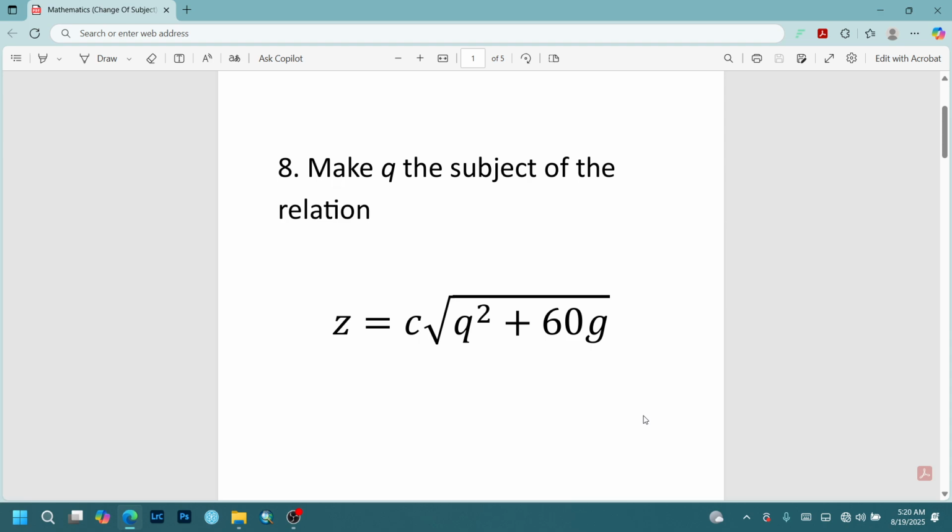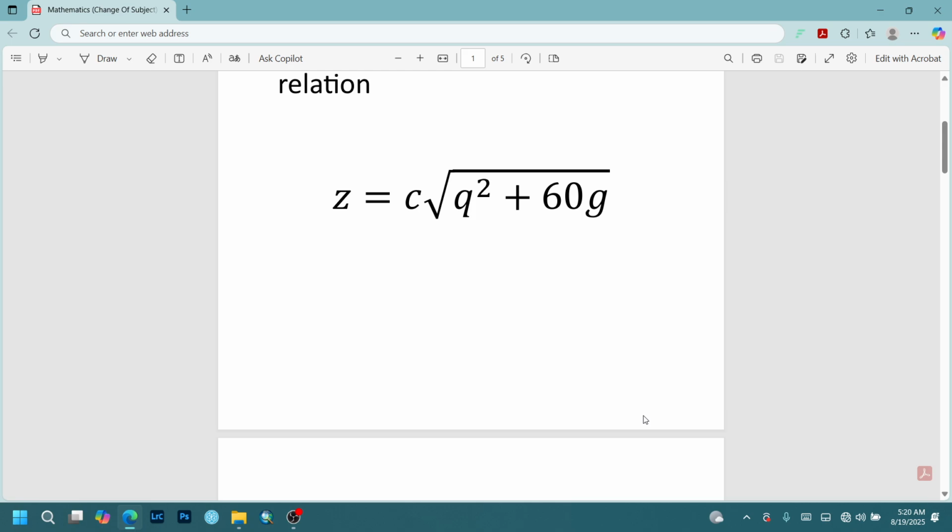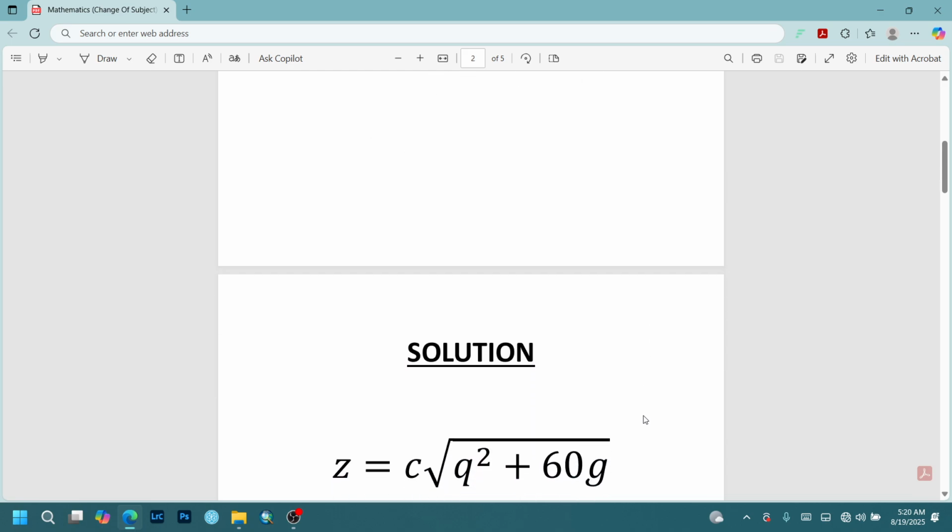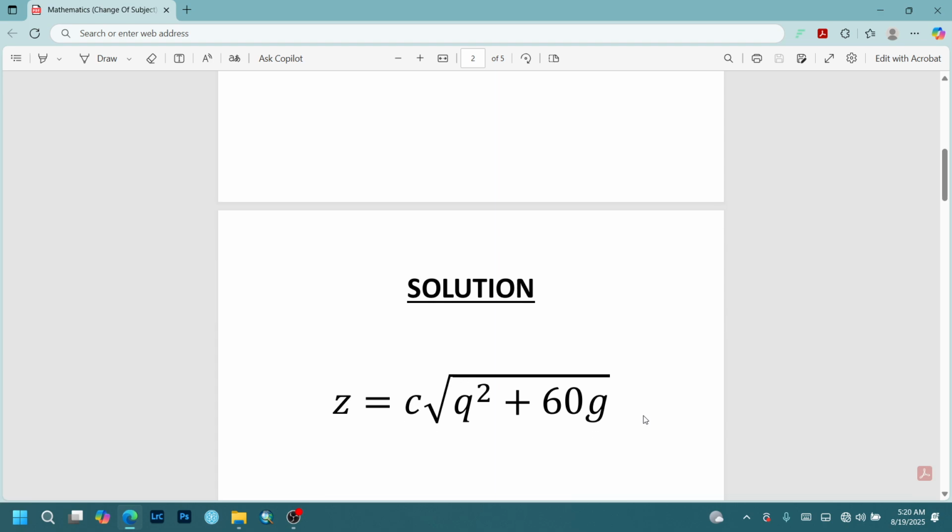So z equals c multiplying the root square of k square plus 60j, right? So let's quickly solve it.